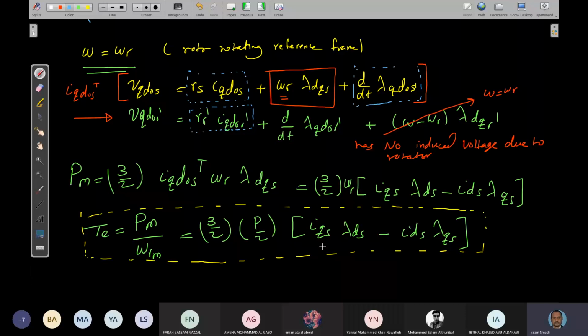But when we use the transformation, the system or the matrices are now constant, only a function of geometry. And this is also another advantage of the reference frame theory. Understood?